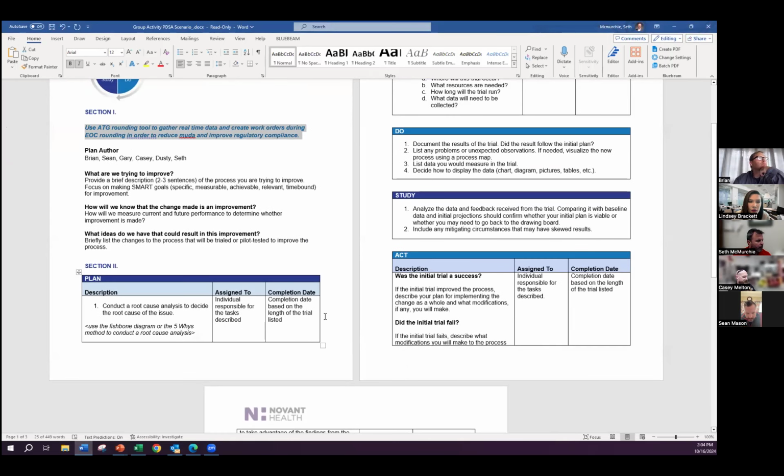And now you're going to say, okay, how are we going to reduce the time it takes? I saw that you have using the ATG rounding tool. So you're saying that simply by using the ATG rounding tool, that's going to reduce the amount of time from when the work order is open to when the work order is closed?